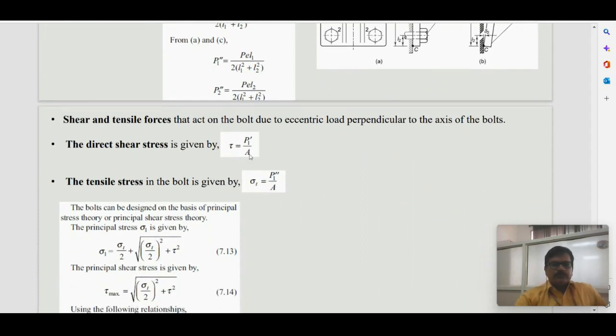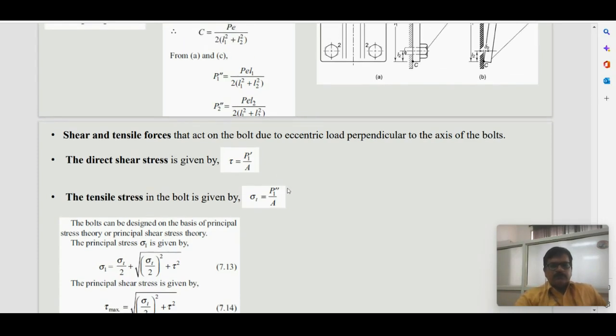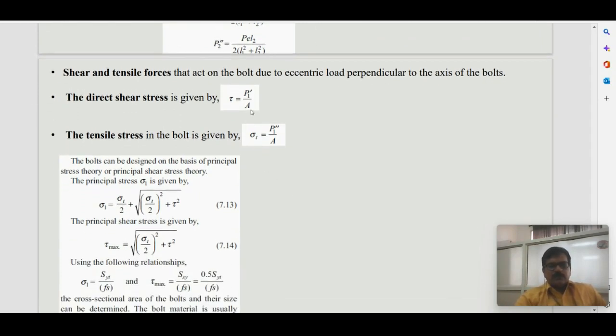So direct shear is load upon the area, and tensile is from the secondary force, that is tensile in nature, and the tensile force divided by area will give us tensile stress. Because there are two types of stresses experienced by the bolt here, the maximum principal stress formulas should be used to find out the failure stress, or the stress on which we are going to design the bolt.